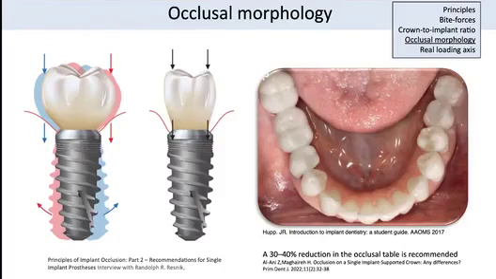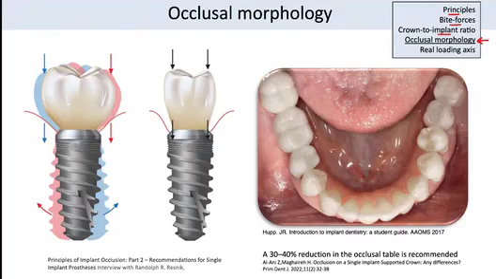For the general principle, we have some information. We discussed the bite forces, we discussed the crown to implant ratio, and what about the occlusal morphology? The general principle in implant, it is very classical to say, we have to reduce the occlusal morphology.